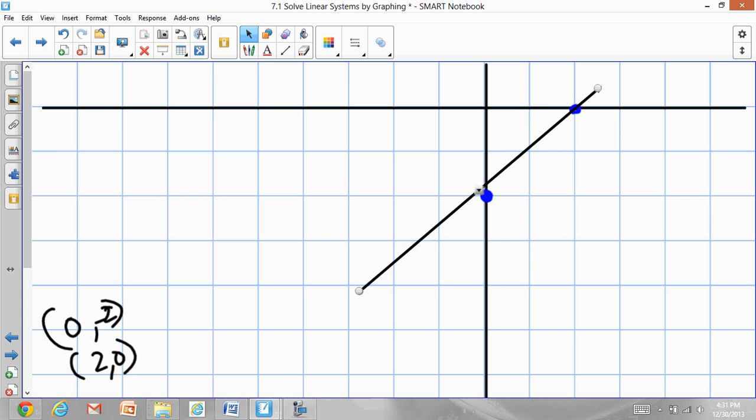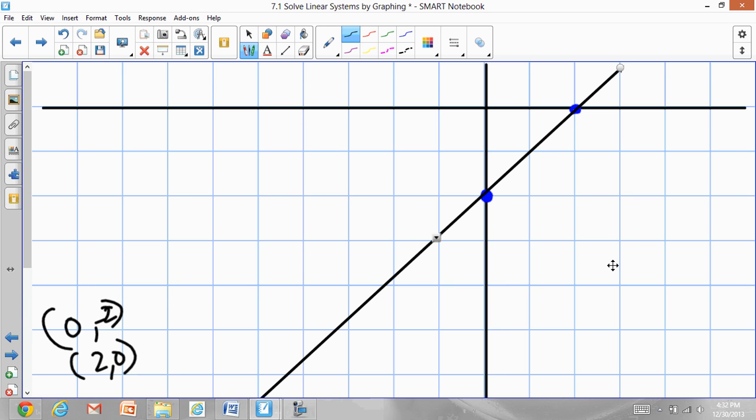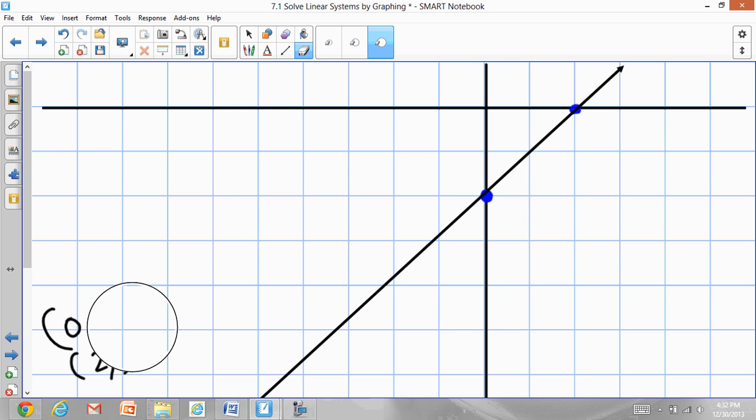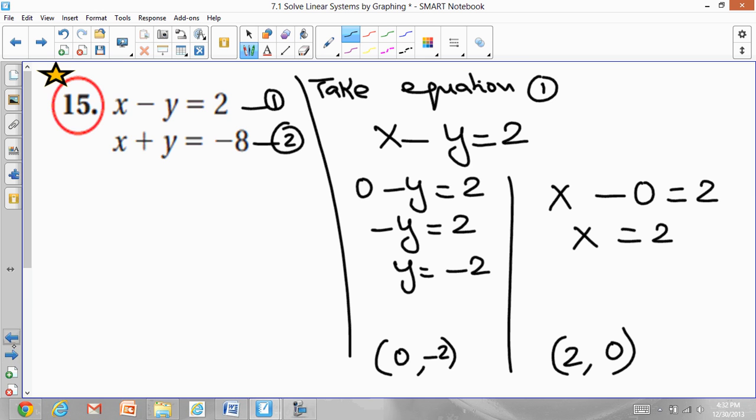I'm going to extend this line all the way across, since the line can go on forever in both directions. So this is my first equation, which is x minus y equals 2.